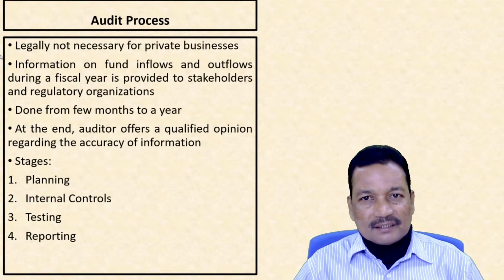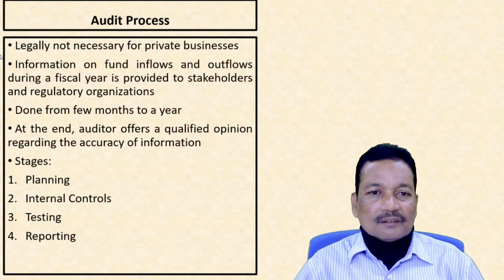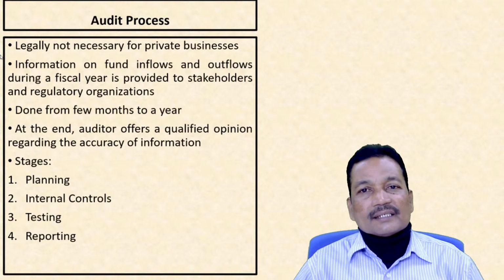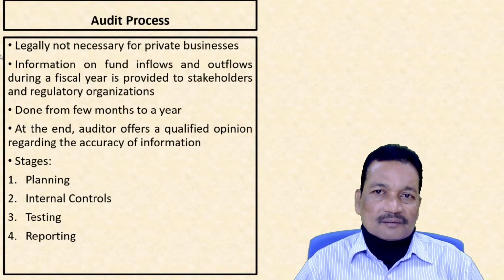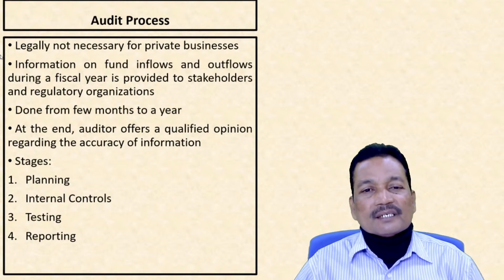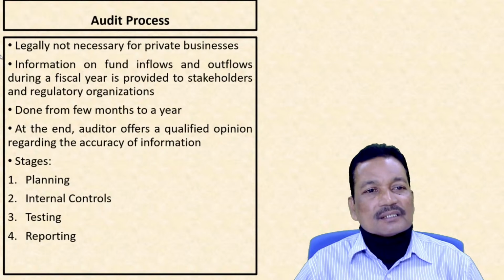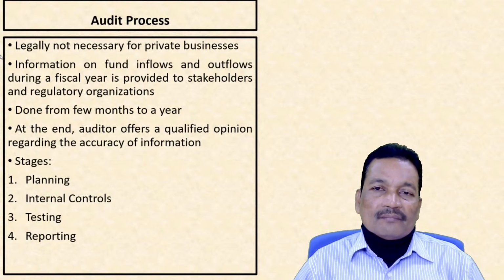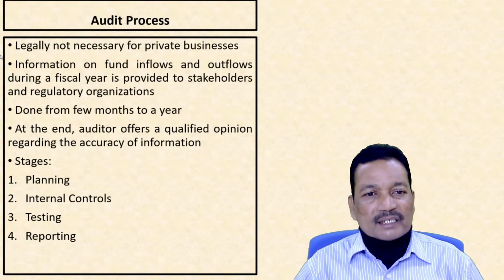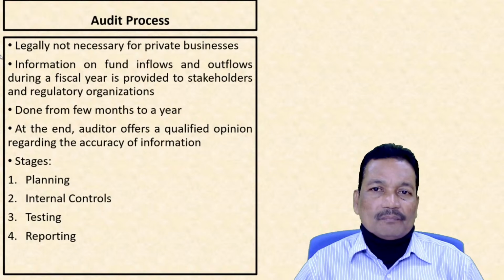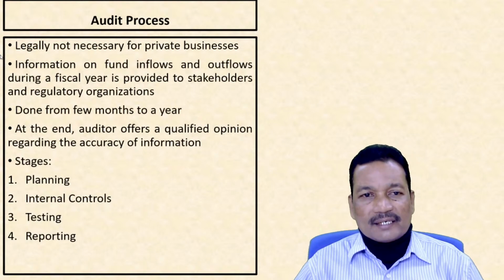Whether we are matching the set standards or there is something called cost overruns. So, this information gives the stakeholders and regulatory organizations an idea regarding the performance of the project team or the project organization.